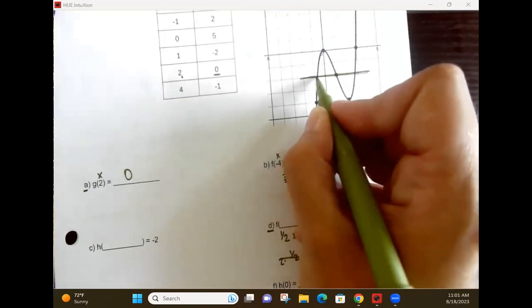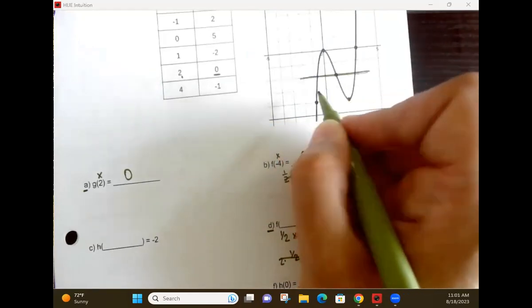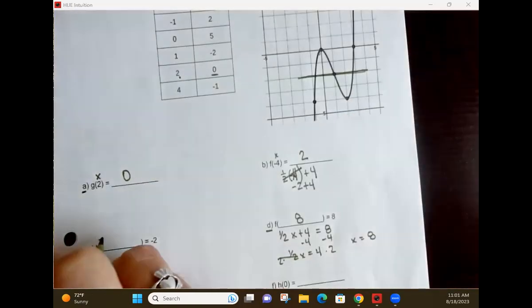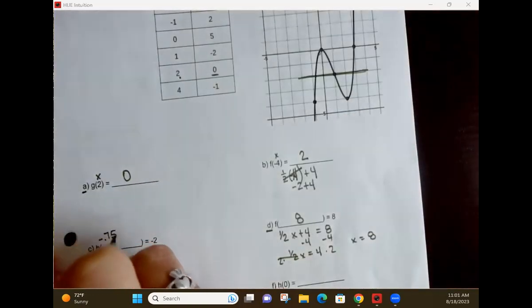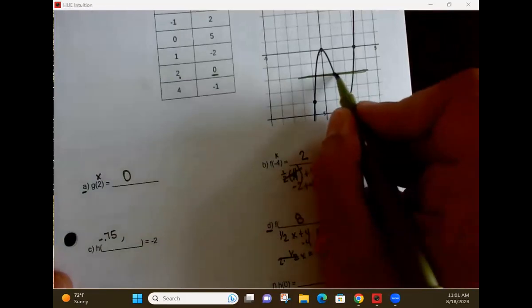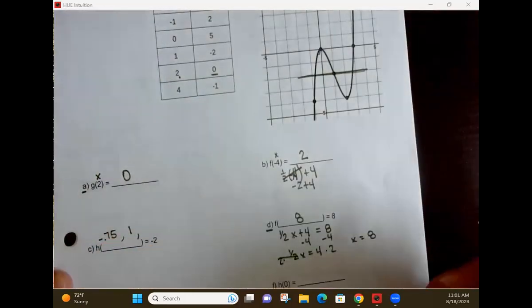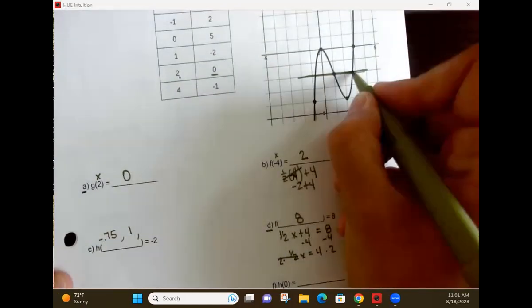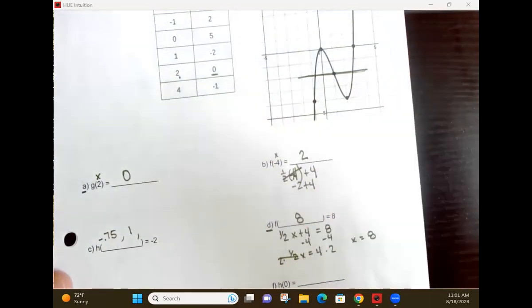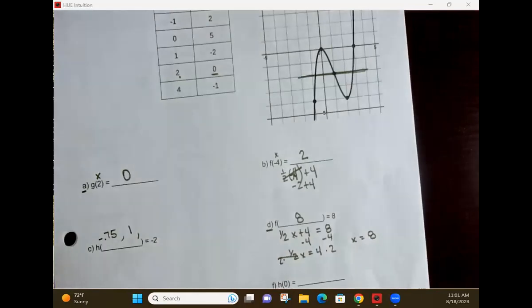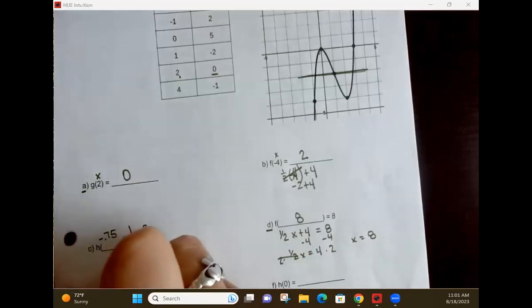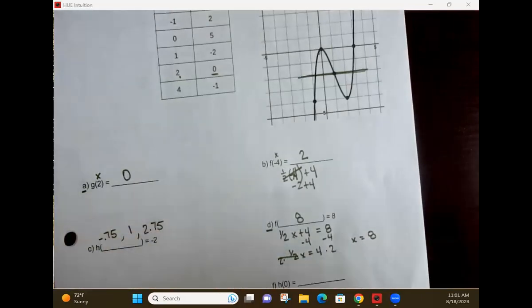Looks like it's past a half, but it's definitely not to 1 yet. So I'm going to say negative 0.75. This would be 1. And then this guy here, maybe 2.75-ish, somewhere in that neighborhood. We're approximating, so if you don't have exactly what I have, that's okay.